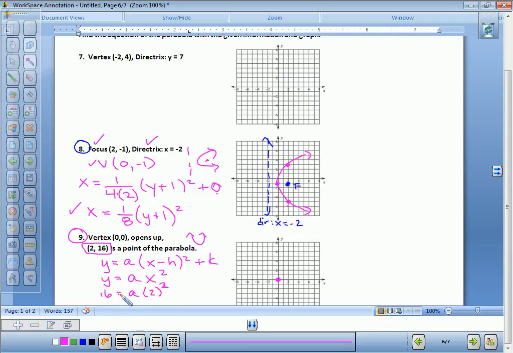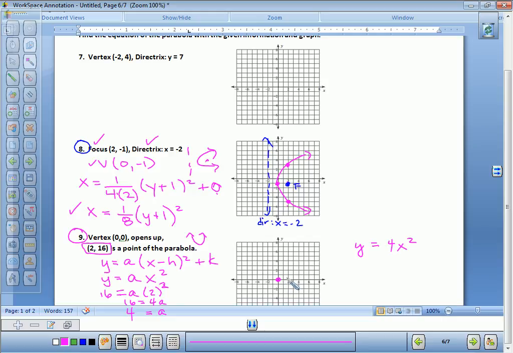And now, do you see we can solve for A? So we get 16 equals 4A, so A is 4. So the equation is y equals 4x squared.